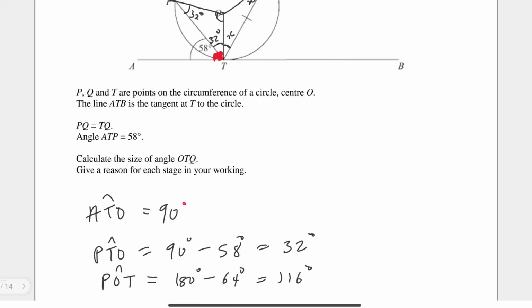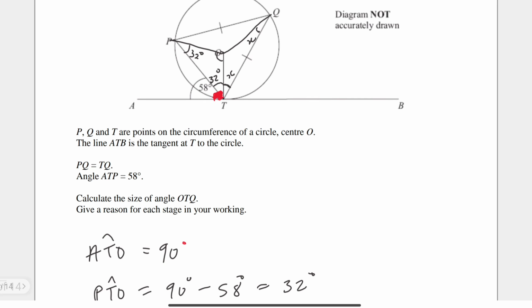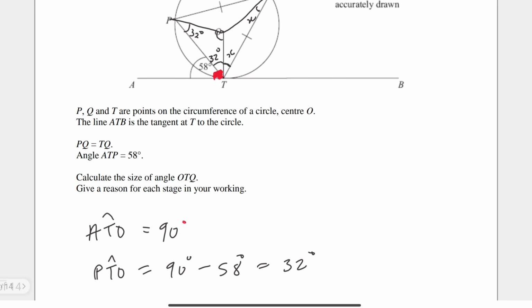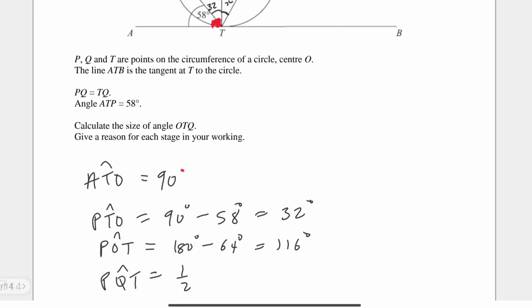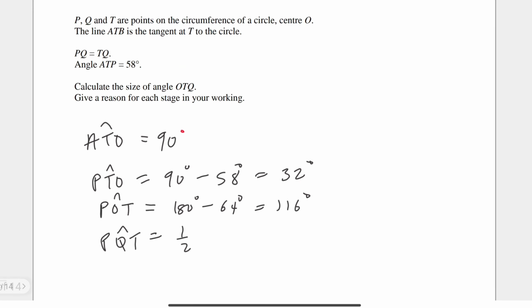Makes sense? So if that's 116 degrees, that implies that PQT is going to be equal to half of POT. That is, angle at the circumference is half the angle at the center, which is equal to half of 116, which is equal to 58 degrees.